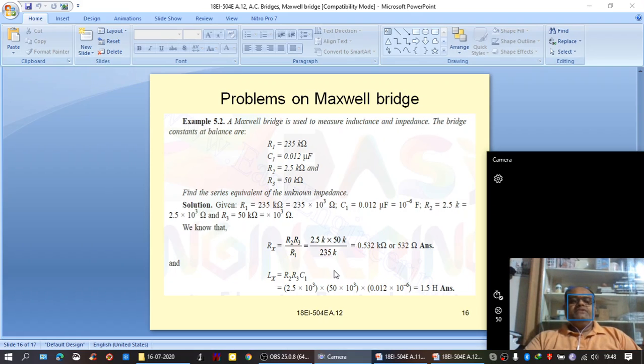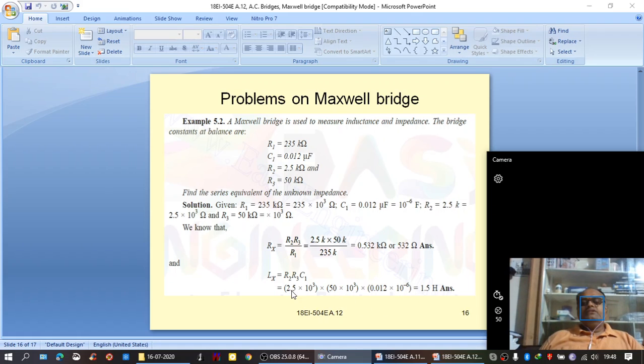And the expression for unknown inductance Lx is equal to R2 R3 C1. R2 is 2.5 into 10 power 3, R3 is 50 into 10 power 3, and C1 is 0.012 into 10 power minus 6. Here 10 power 3 into 10 power 3 into 10 power minus 6 get cancelled out.